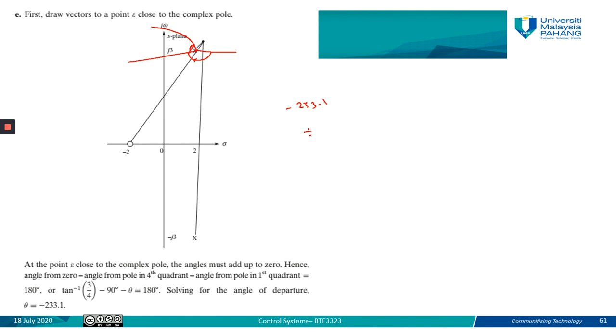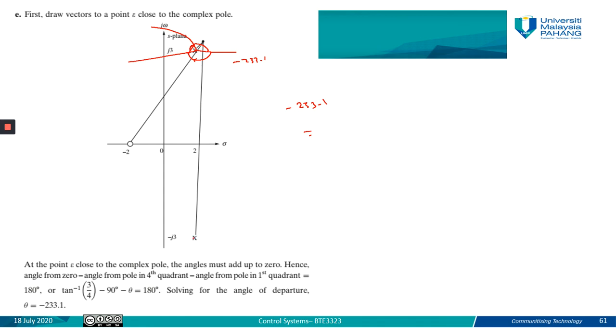So if we calculate the angle from this point to that point, it will be 90 plus the rest to reach 180 here. So it's -233.1. This will be the angle of departure.